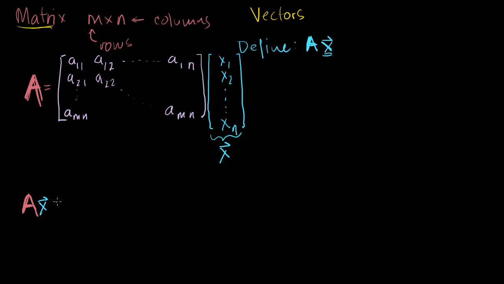So we're defining this to be equal to, let me write it out fairly large. You're going to take each row.